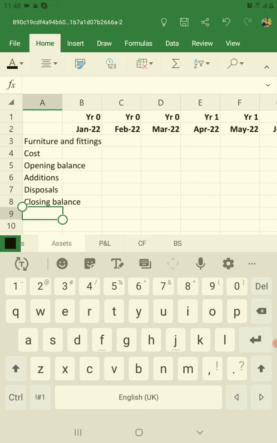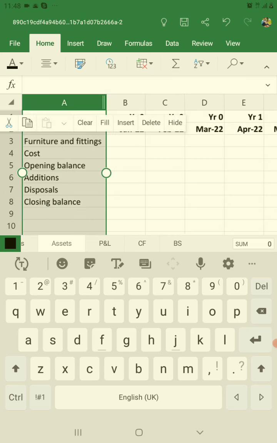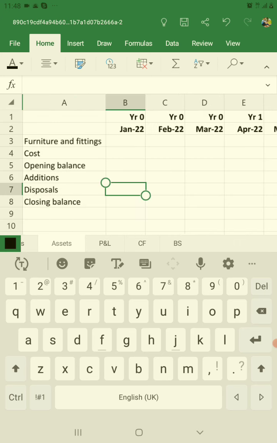let me program it. Let me double tap on column A header to expand the column so that it fits the particulars. So I double tap. I'm done. Now let's put the additions first.